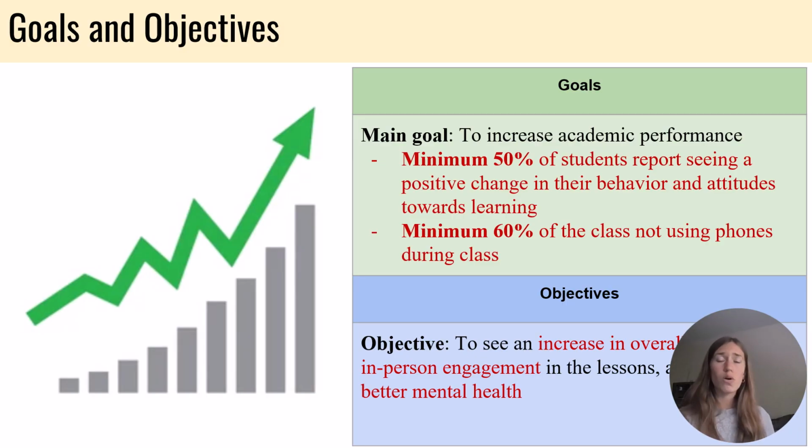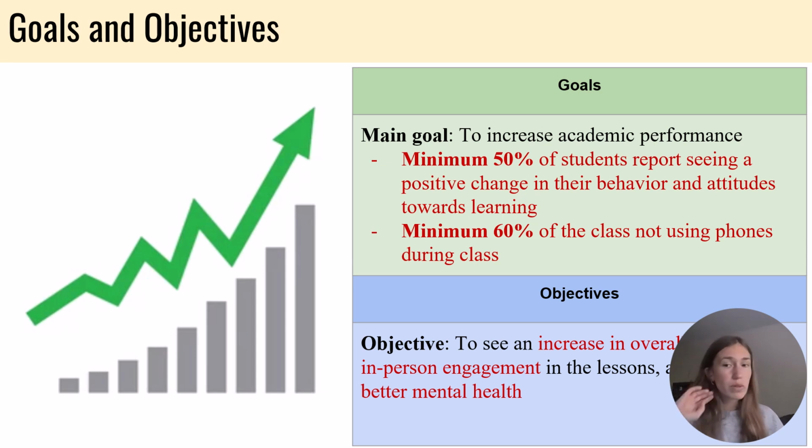So the overall goals and objectives, the main thing that I want to see is an increase in academic performance. So it would be completely unrealistic if I were to sit here and say, yep, I expect to see 100% increase, 100% change. That's not going to happen. Whether it be some internal or external factor, something is going to skew that, and not every student is the same.